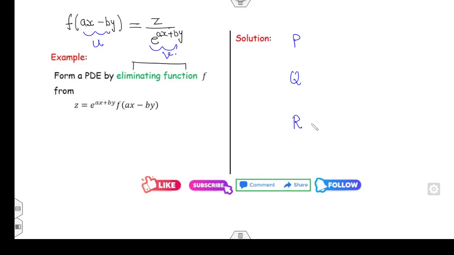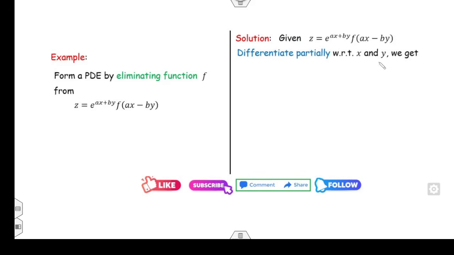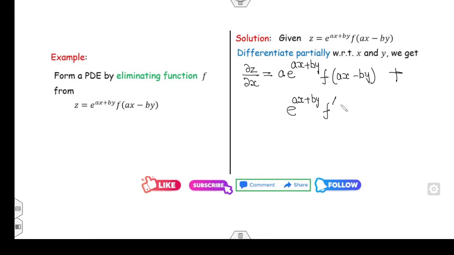Fine, second, you can differentiate with respect to x and y. So differentiating with respect to x, what do you get? Fine, using the product rule: a e⁻ax plus by f of ax minus by plus the second term e⁻ax plus by f prime of ax minus by into a.